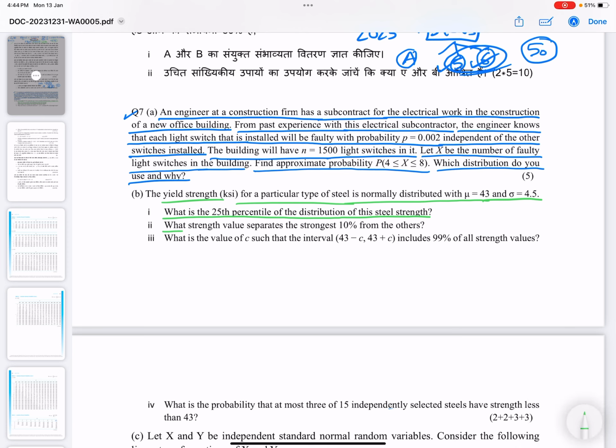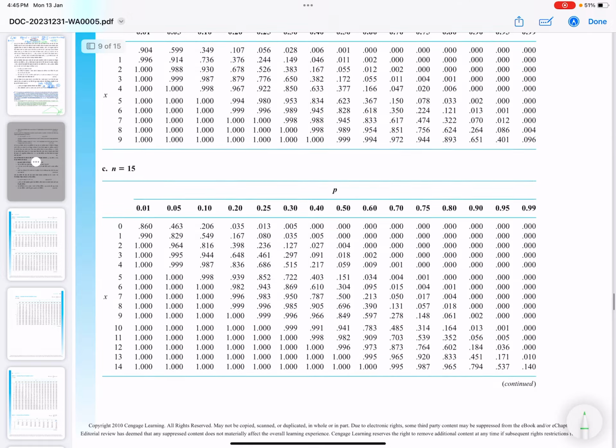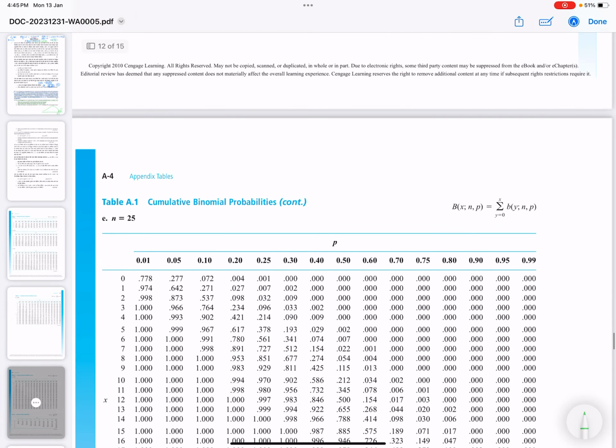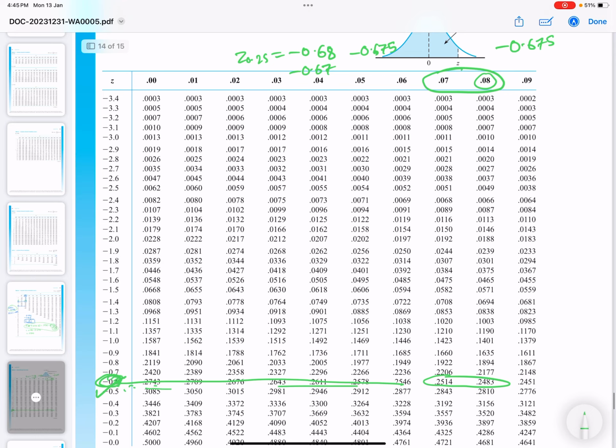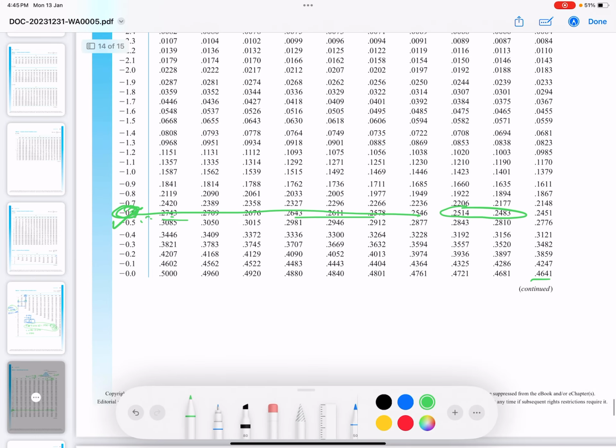What strength value separates the strongest 10% from the others? So basically, given the normal distribution, we need to find this value z 0.9 so that the remaining value is 0.1. Okay, so looking back at the table again for the standard normal distribution, we need to find 0.9. This is still 0.4.